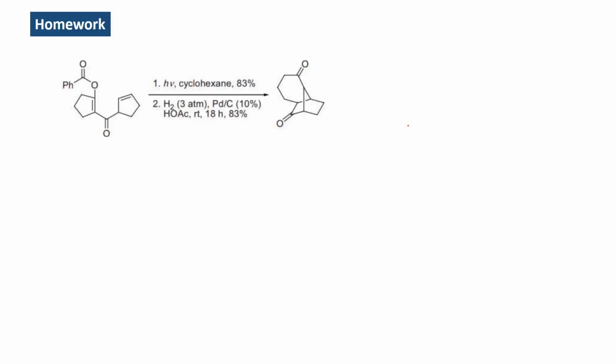Okay. So I am giving this as homework. Just try. Then we will solve this in the next class. I have shown the product also. We will solve it in the next class.